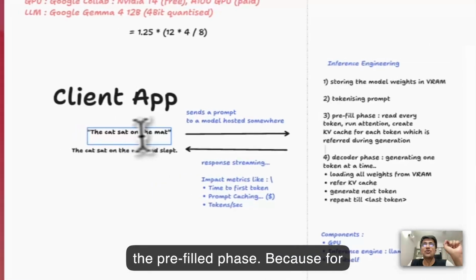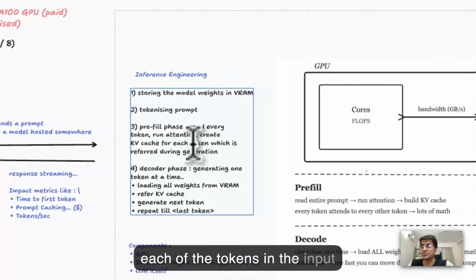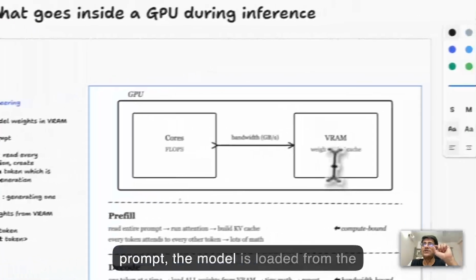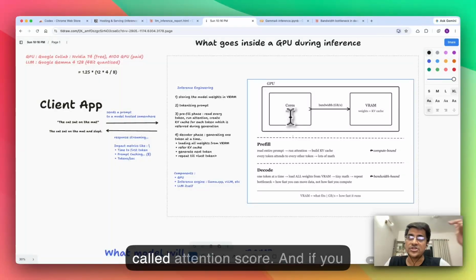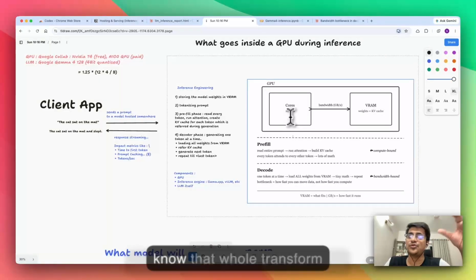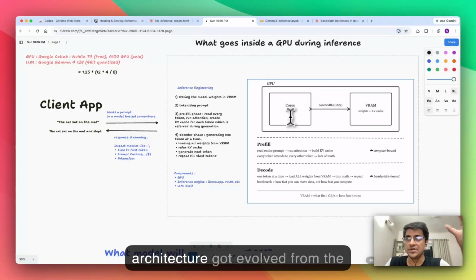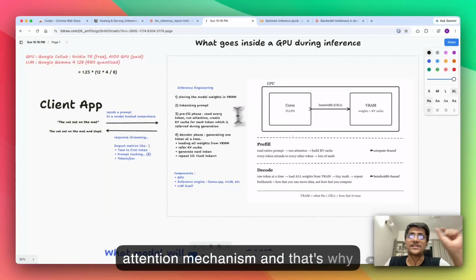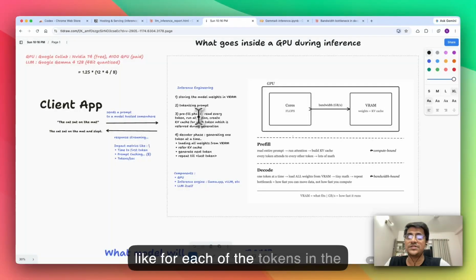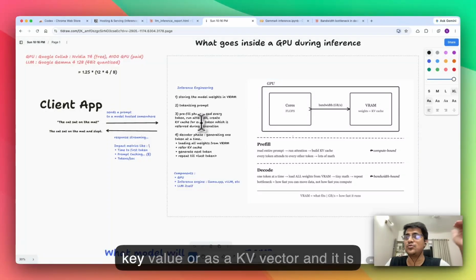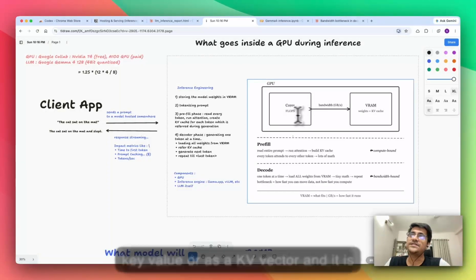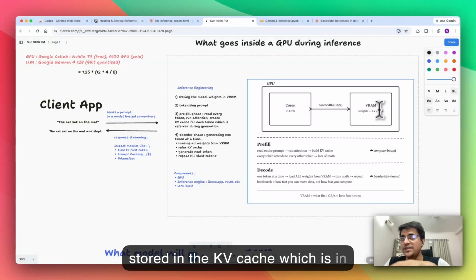Because for each of the tokens in the input prompt, the model is loaded from the VRAM and it generates something called an attention score. And if you know, the whole transformer architecture evolved from the attention mechanism, and that's why for each of the tokens in the input prompt, it has to create an attention score, and it is stored as a key value, or KV, vector in the KV cache, which is in the VRAM.